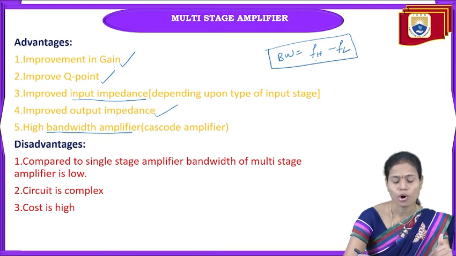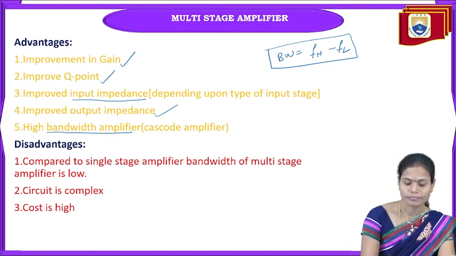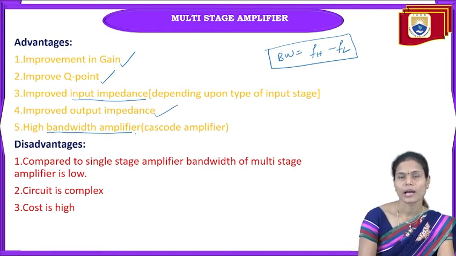If we observe all the advantages, all the parameter values are increasing along with the operating point. Overall voltage as well as current gain is increasing, input impedance and output impedance values are also increasing, and the bandwidth of the amplifier is also increasing.